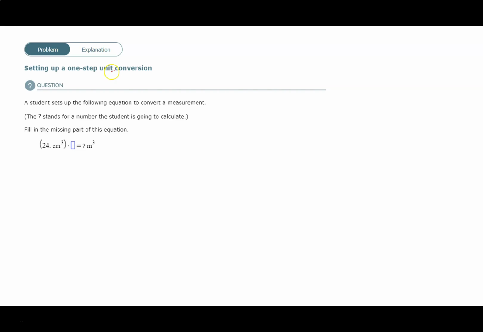It says here, setting up a one-step conversion factor. And I'm going to convert from centimeters cubed to meters cubed. So how are centimeters and meters related? Well, centi means 10 to the minus 2. So 1 centimeter is equal to 10 to the minus 2 meters. So my conversion factor needs centimeters on the bottom and meters on the top, and it has to be cubed.